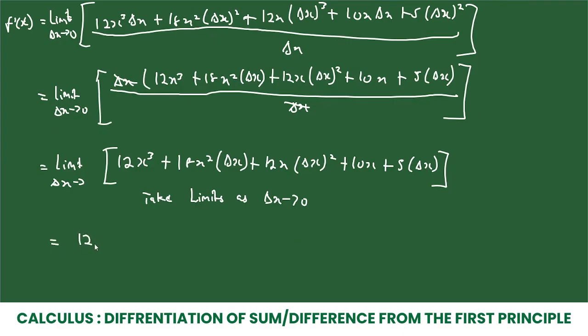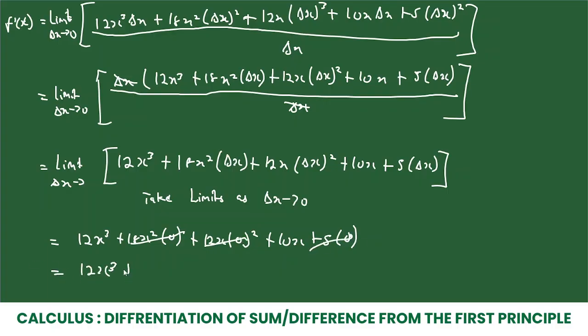So you are going to have 12x cubed plus 18x squared times 0 plus 12x multiplying 0 squared plus 10x plus 5 into bracket 0, right? So this is going to go to 0, this will go to 0, this also will go to 0. So our answer is 12x cubed plus 10x, right? So from the first principle, this is the answer we are getting, right?